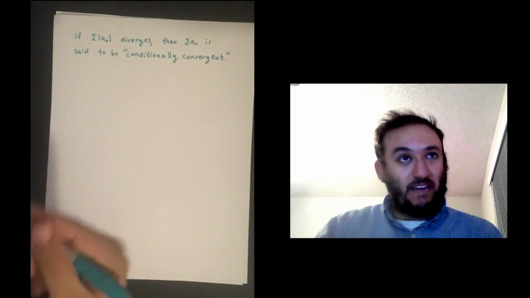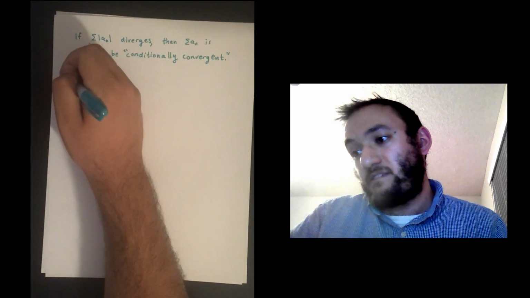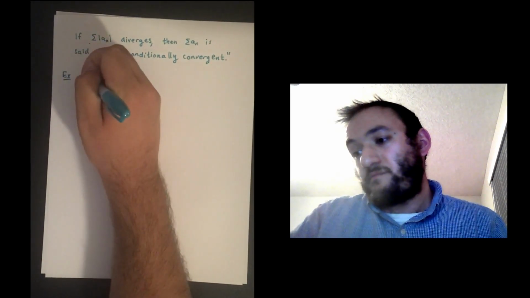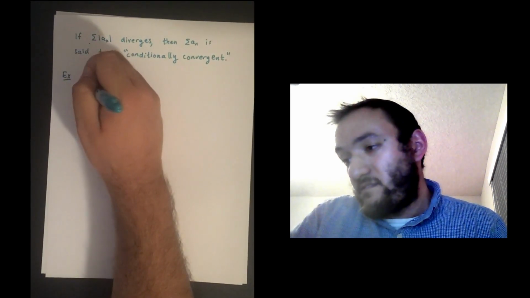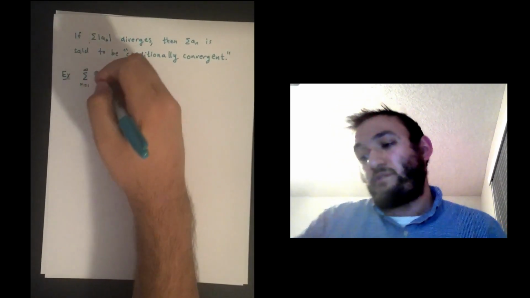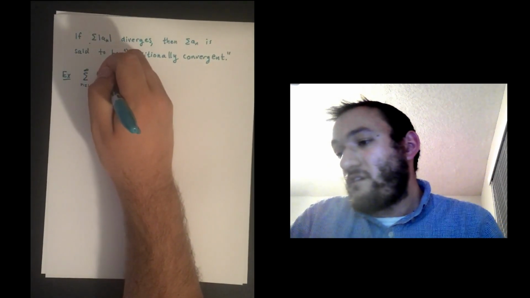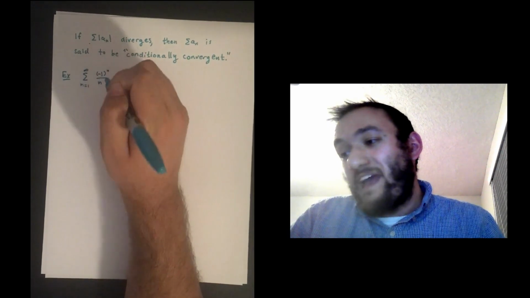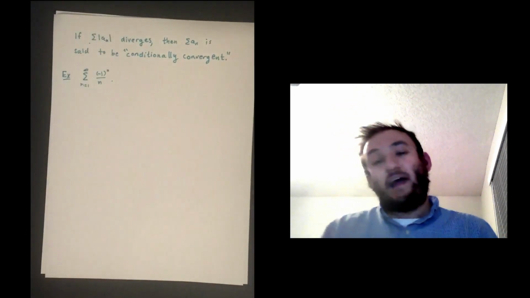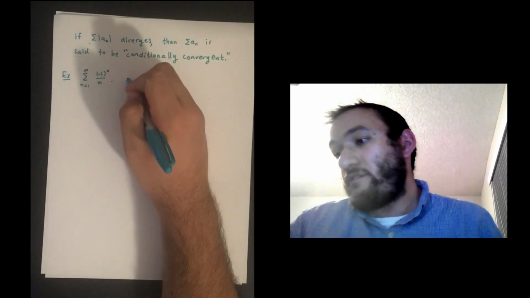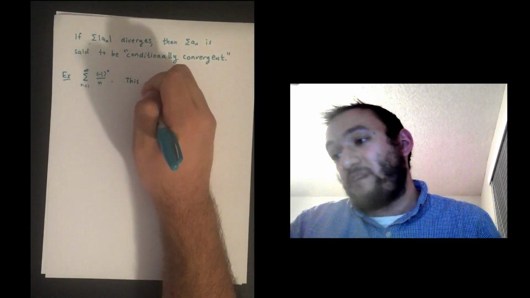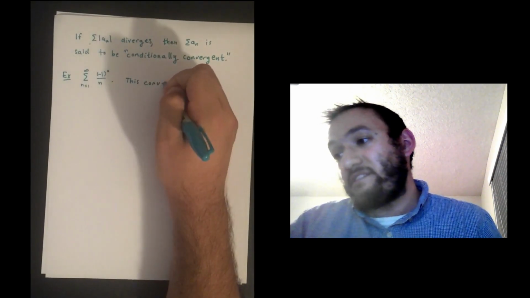We saw a few examples already. So, for instance, if I take the sum when n equals 1 to infinity of minus 1 to the n over n, I saw before that this converges by the alternating series test.